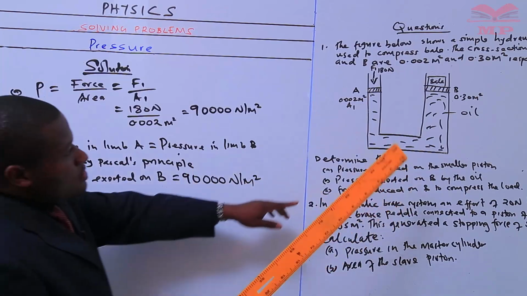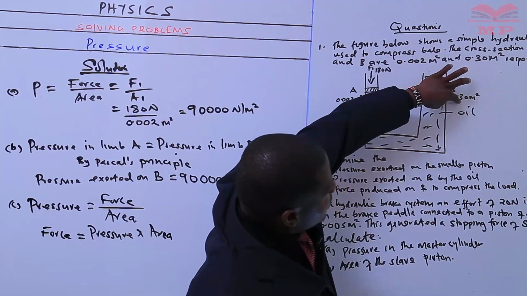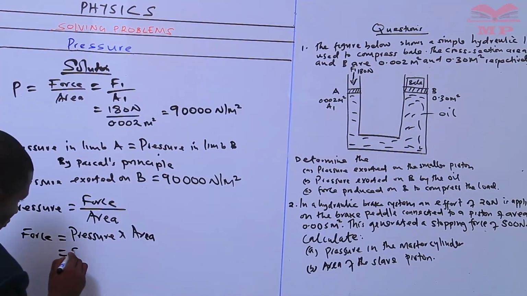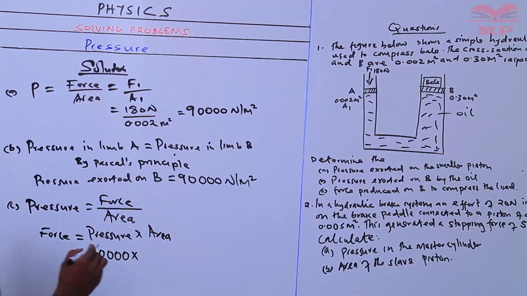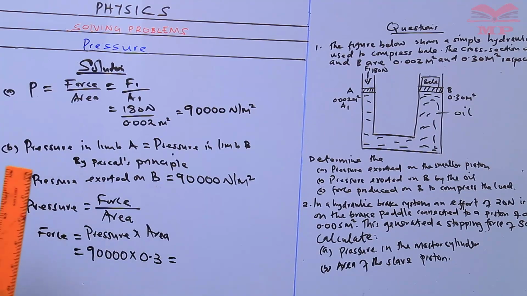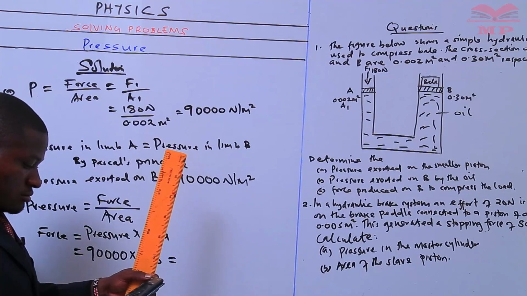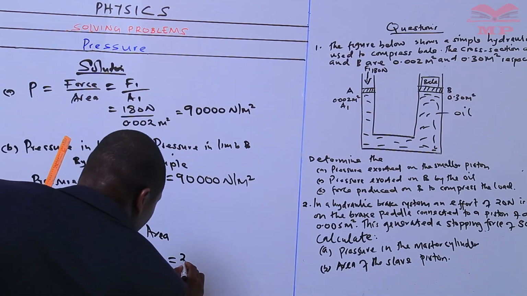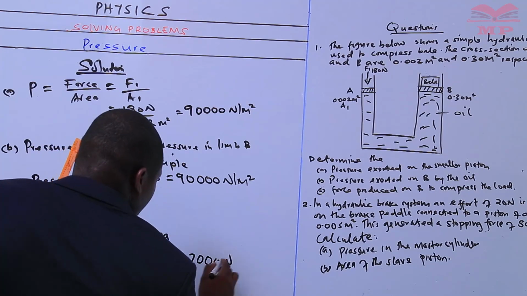So that is B, and we have said that the pressure here is 90,000, then we have the area. So we just substitute in our formula: 90,000 times the area, which is 0.3. 90 times 0.3, this is 27,000 Newton force.